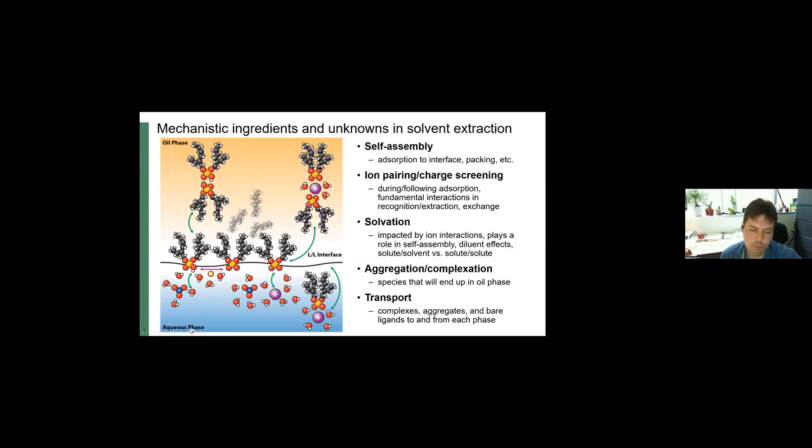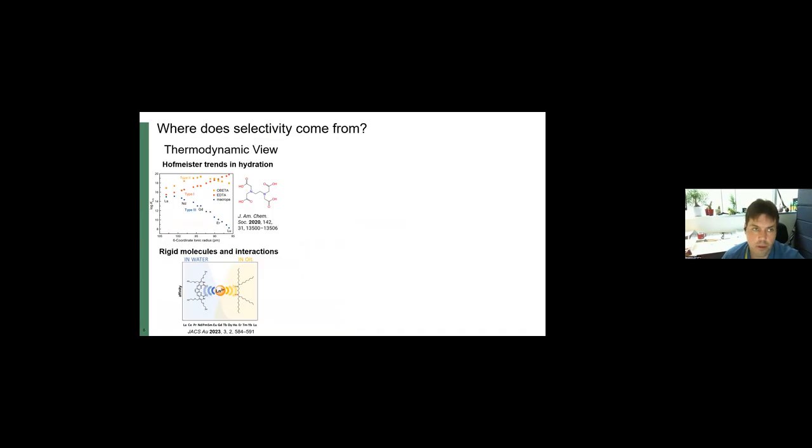And ultimately, what you're hoping for is for an ion to approach the surface, or maybe the ligand to move into the aqueous phase, as Mark mentioned, form some sort of ion pair or assembly, and then transport back across the interface, right? All these things happen at the same time. This is not like a serial process. It's very complicated. This leads to a lot of complications in understanding the role of an interface in separations.